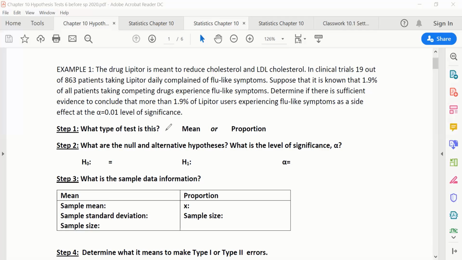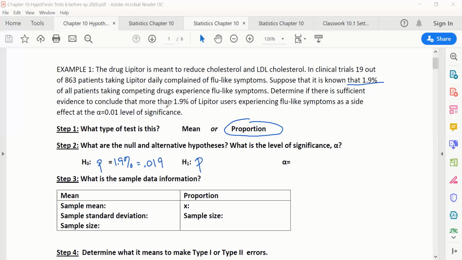So what type of test? It's a proportion test. No word mean there. So we're looking at p. We know the old data is 1.9%, so 0.019.